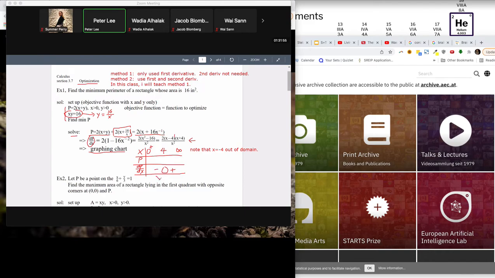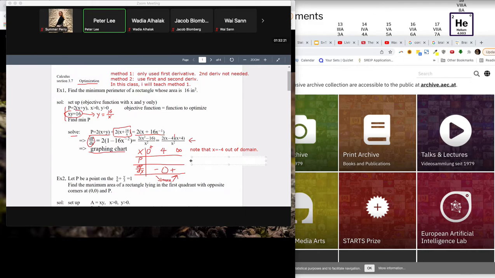So the perimeter is going down, and then the perimeter is going up. Do we have a max here? The question is, do we have a max? Yes, we do. This function is continuous, but x is bigger than 0. Nothing happens when x equals 0, so we don't need to care.